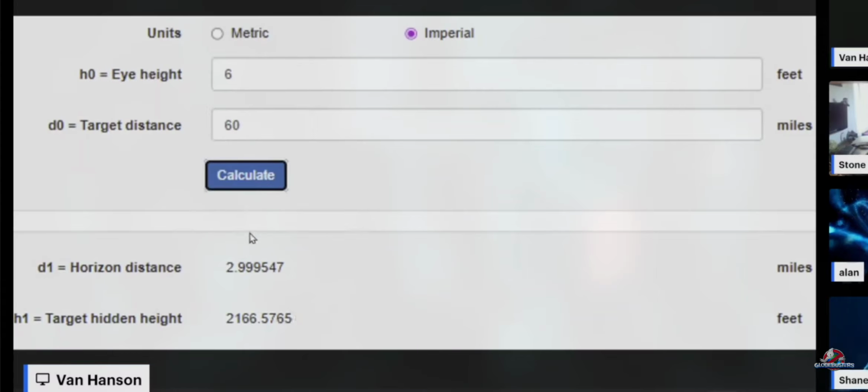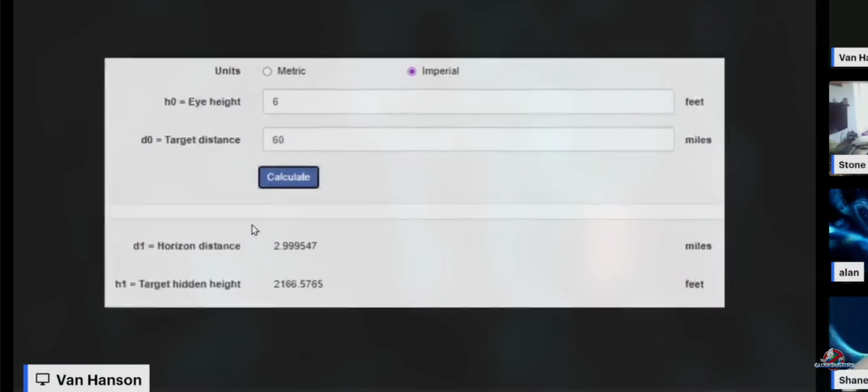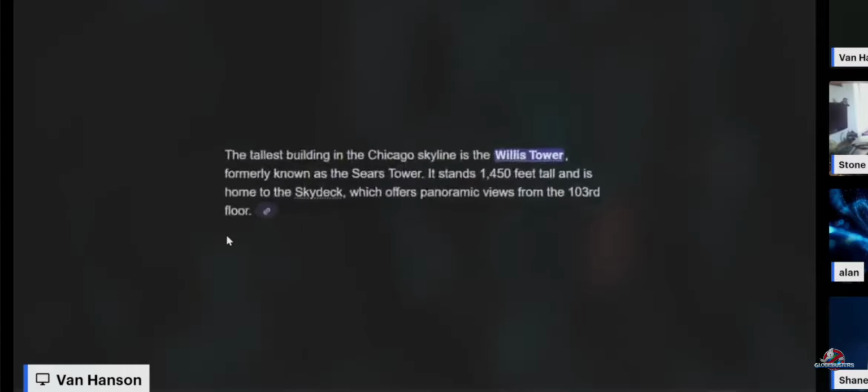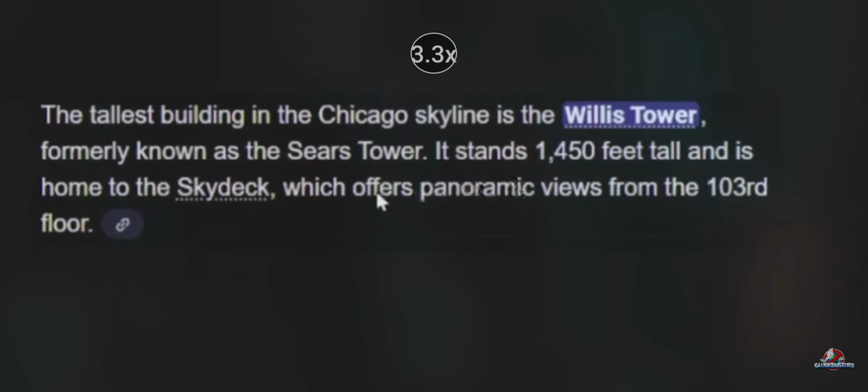So you can look up these curvature calculators, you can plug in the numbers, and it'll tell you how much visible height is hidden. So we're establishing that clearly this Chicago city skyline is hidden geometrically. And then you can also look up the tallest building in Chicago only stands 1,400 feet tall. So clearly the building should be invisible.